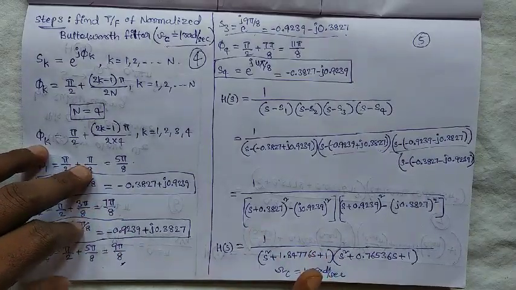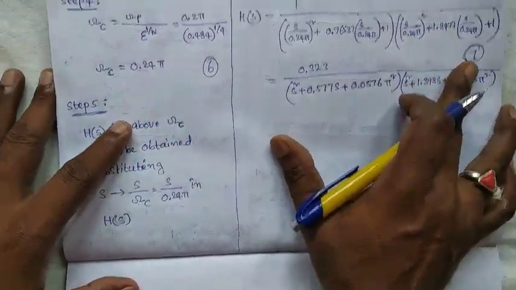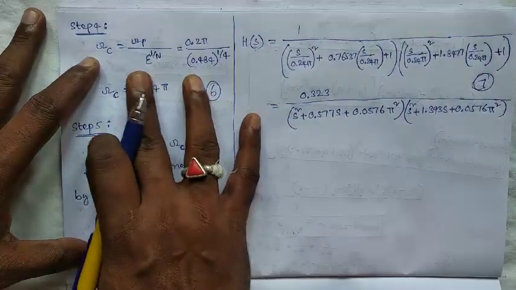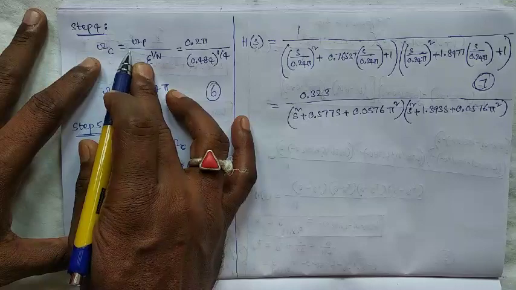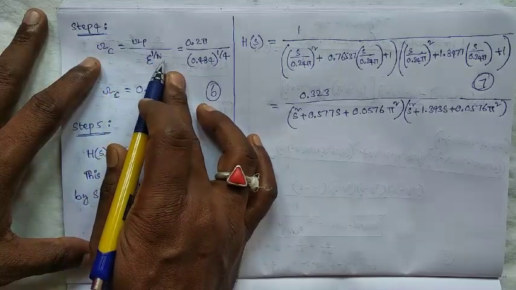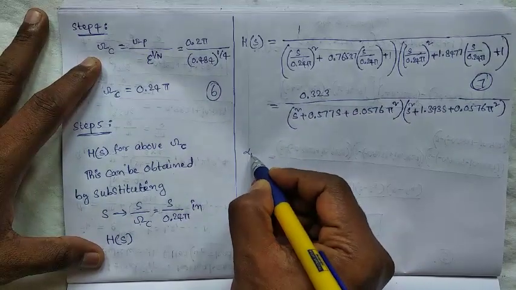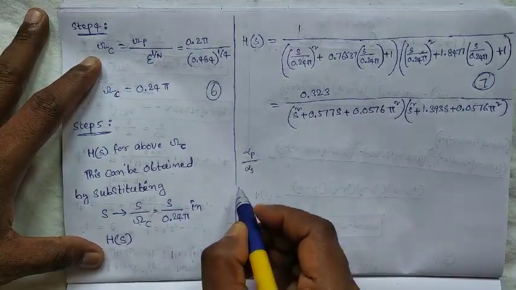In the fourth step we are calculating the cutoff frequency. How to calculate the cutoff frequency? Here we are calculating it by using this formula: omega p by epsilon power 1 by n. Actually alpha p and alpha s are not given.